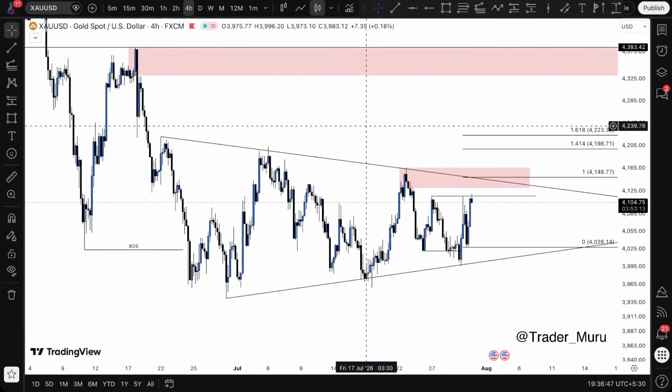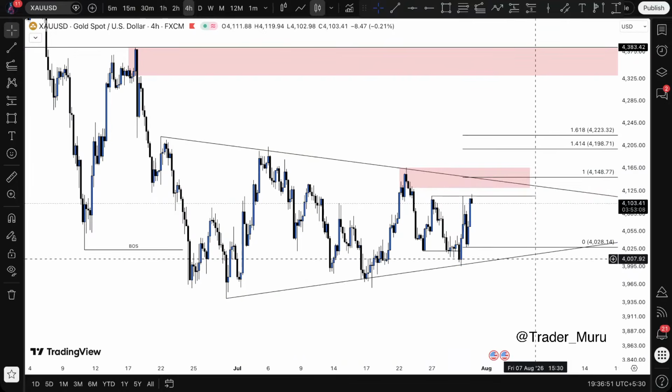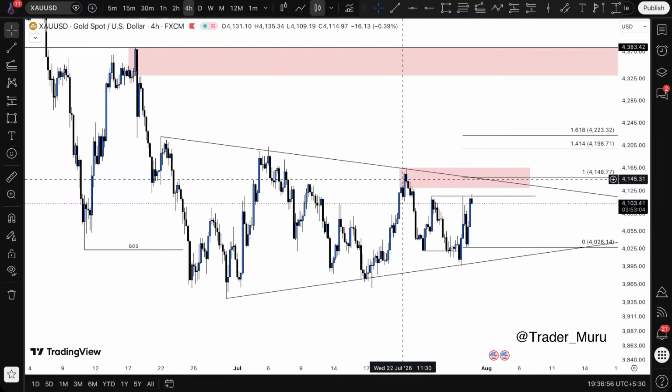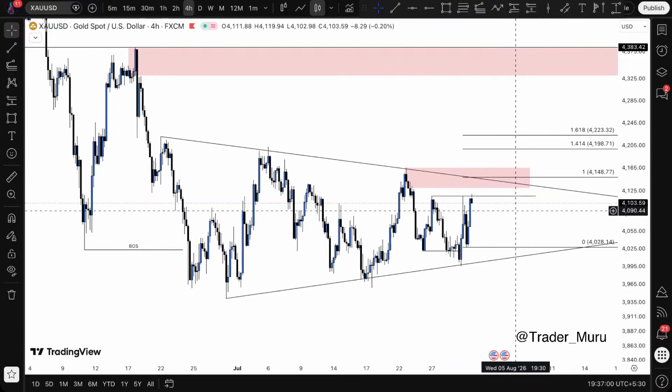No trade right now. Still a big range. And I'm still watching for short only from this area.